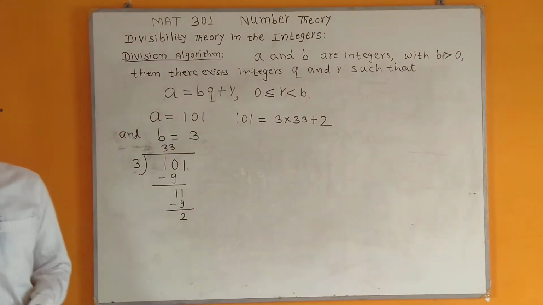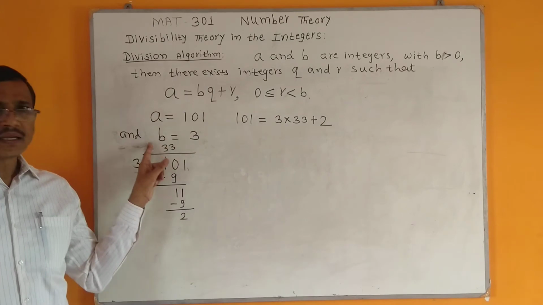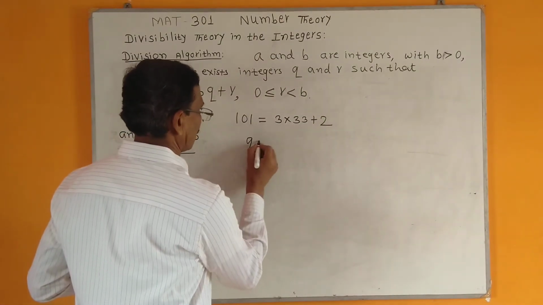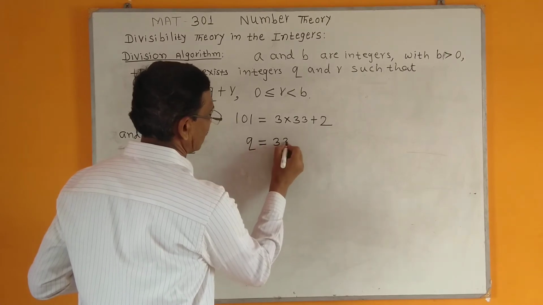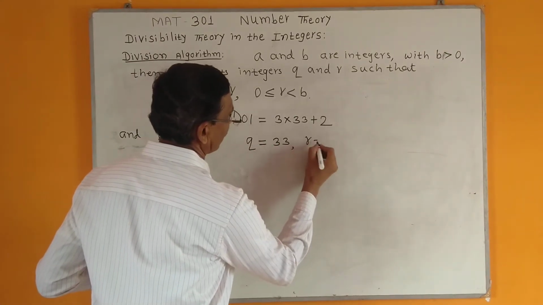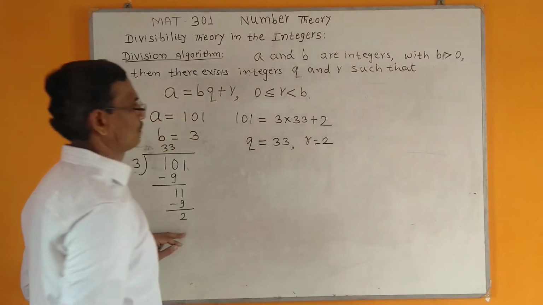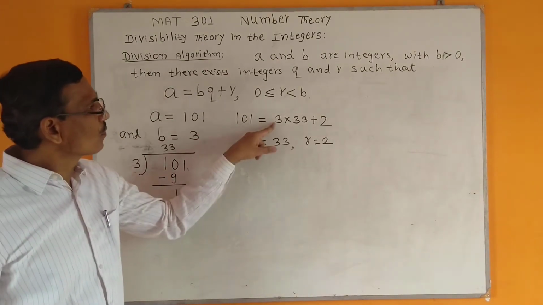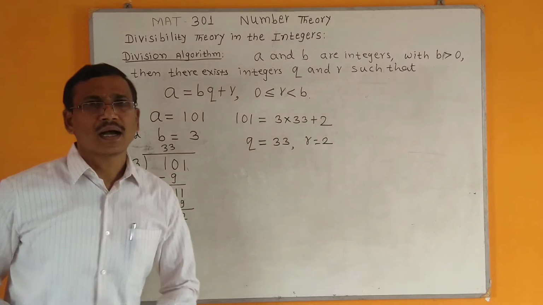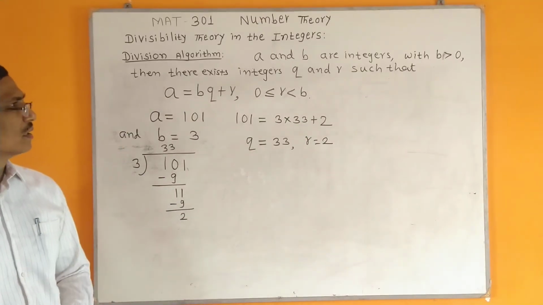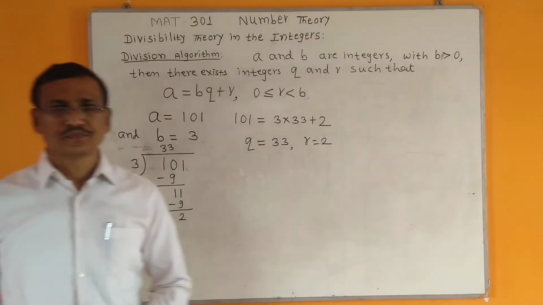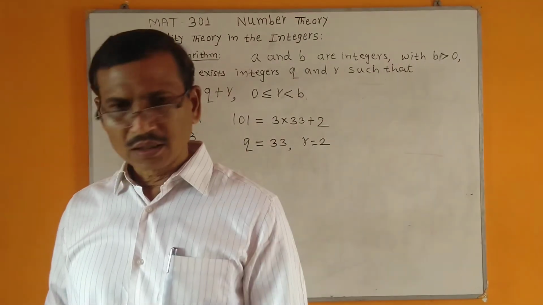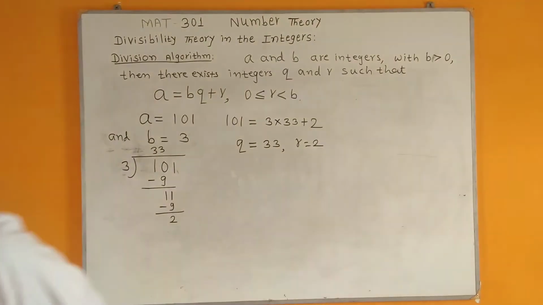That means when we consider a is equal to 101, b is equal to 3, we get q, that is quotient 33, and r remainder 2. That means this is of the form a is equals to bq plus r. Now this is a division algorithm. Now using division algorithm we can solve some problems. I am taking one of them.